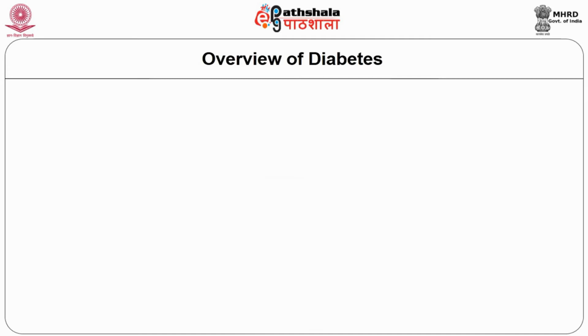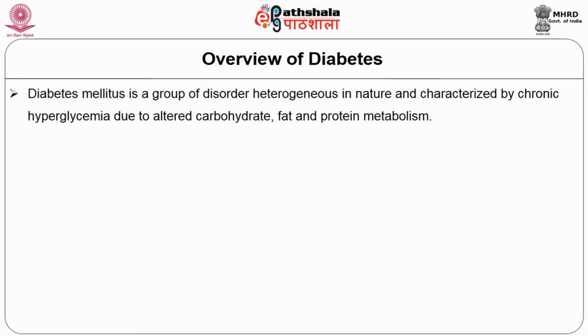So what is diabetes? Diabetes mellitus is a group of disorders. It is heterogeneous in nature and characterized by chronic hyperglycemia. Hyper means high, glycemia means blood glucose, and it is due to altered carbohydrate, fat and protein metabolism.